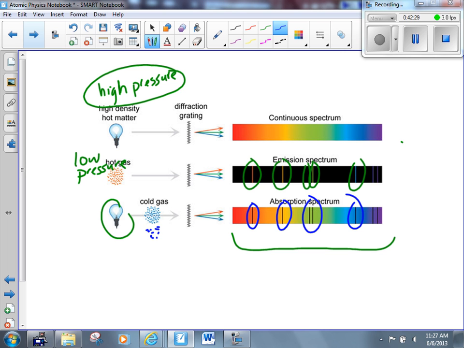So because it's a cold gas, it has the ability to absorb energy, to absorb EMR, to absorb light. As it does that, electrons make a transition from a low level to a high level. Instead of seeing the continuous spectrum that we would see because of this source of light here, we see the continuous spectrum minus the frequencies that were taken away.